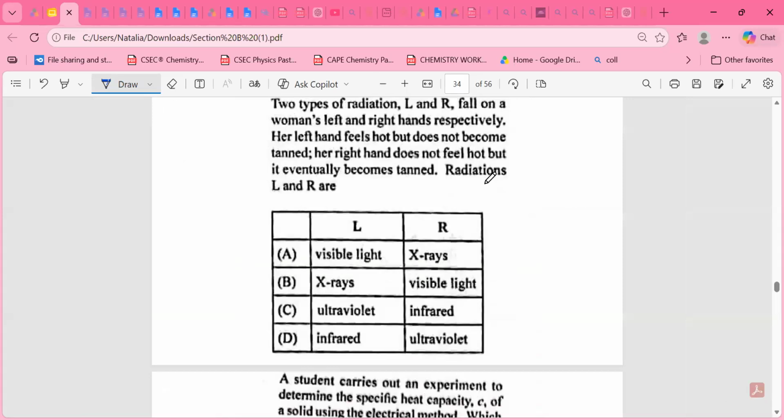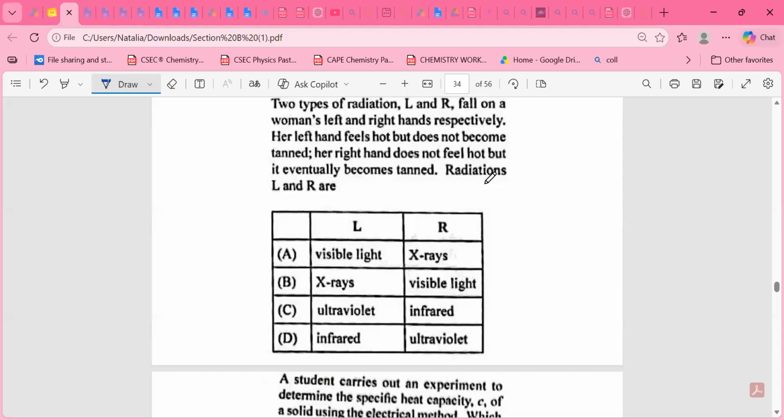Two types of radiation, L and R, fall on a woman's left and right hand respectively. Her left hand feels hot, but does not become tan. Her right hand does not feel hot, but eventually becomes tan.